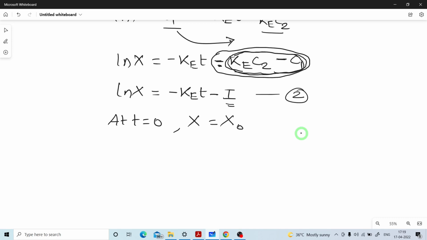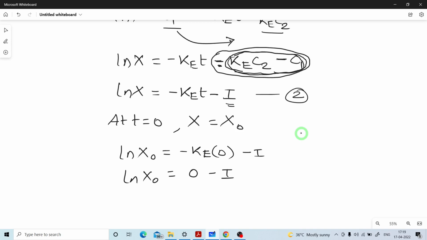By putting x equal to x0 and time equal to 0 in equation number 2, we get natural log of x0 is equal to minus ke into 0, which is 0, minus I.